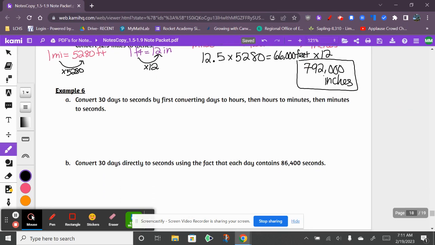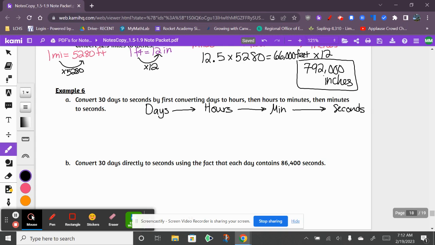Example 6 says, convert 30 days to seconds by first converting days to hours, then hours to minutes, and then minutes to seconds. So this is going to be kind of a longer one. We have days to hours, hours to minutes, and then minutes to seconds. So I'm going to have us write all of those facts.